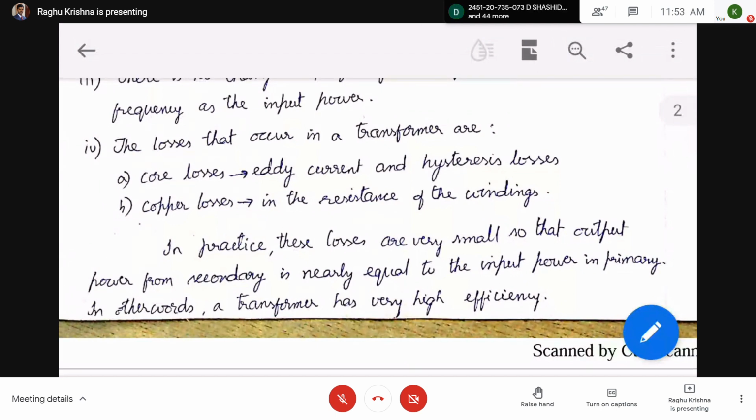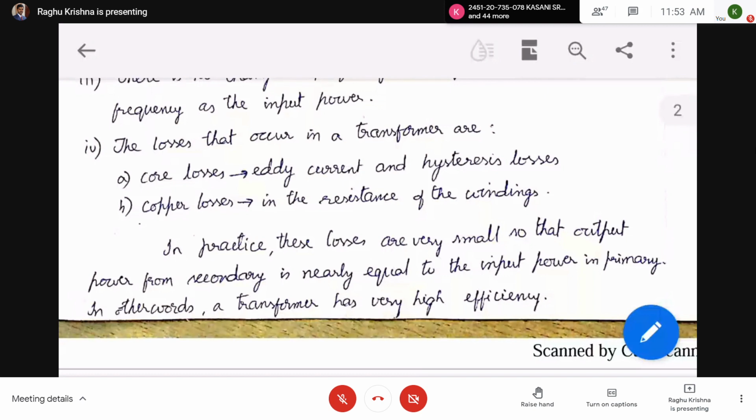Finally, copper losses will be very small because we are using copper winding. Coming to core losses, we are going to reduce them by laminating the core. By use of laminations, we reduce the core losses. In core losses, we have eddy current losses and hysteresis losses. Eddy current losses can be reduced by laminating the core.